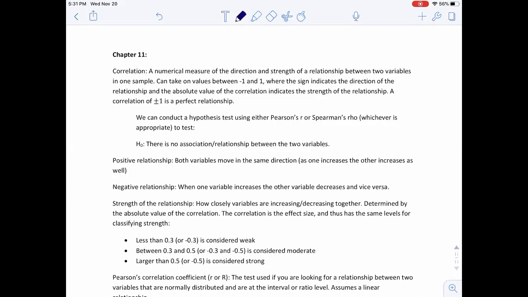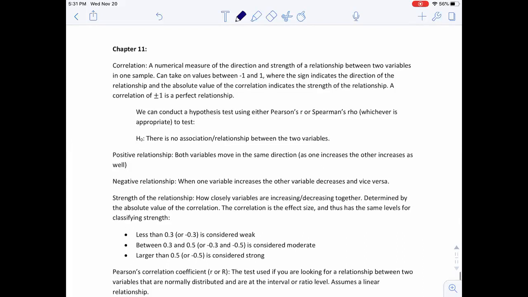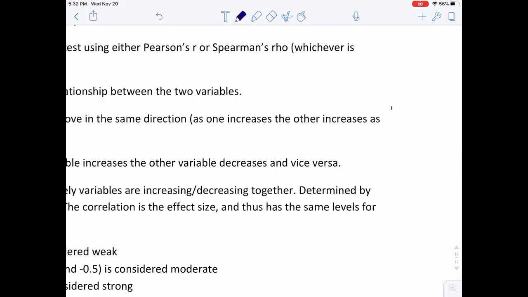We've got these down here. If you have a positive relationship, then things are going up, up, up. For a positive relationship, it would look something like this.